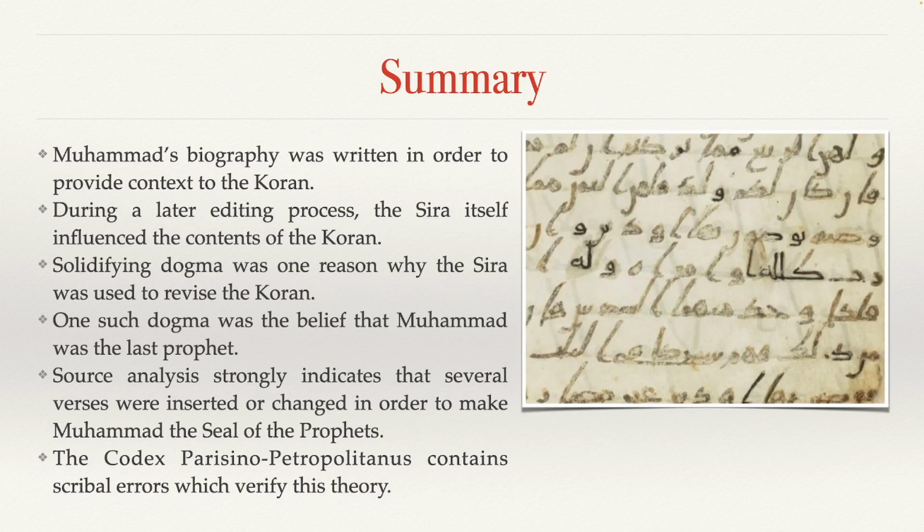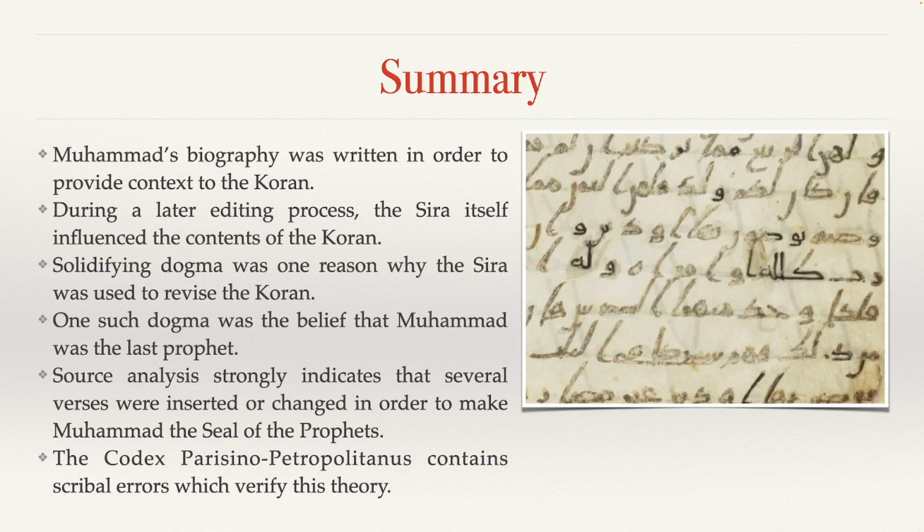So in summary, what have we learned in this video series? Muhammad's biography was written in order to provide context to the Quran. After the original context, the Bible and the Apocrypha were lost, many passages appeared to be nonsensical and required a new explanation, which was then the basis for the life of Muhammad. During a later editing process, the Sira itself influenced the contents of the Quran.